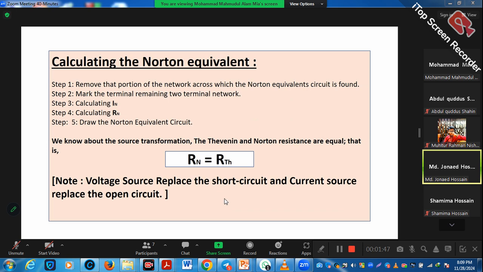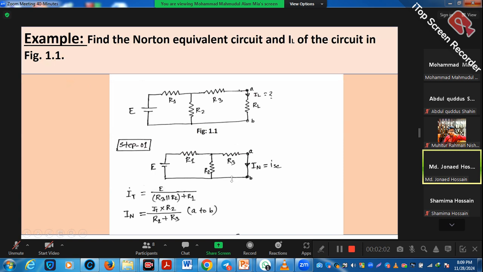As we know from source transformations, the Thevenin and Norton resistances are equal, that is, RN equals RTh. Note, the voltage source is replaced by a short circuit and the current source is replaced by an open circuit.